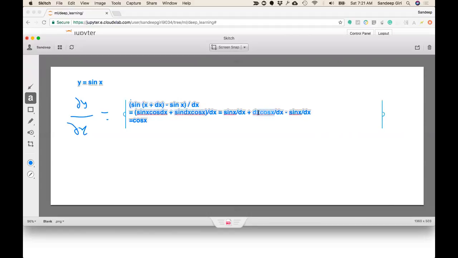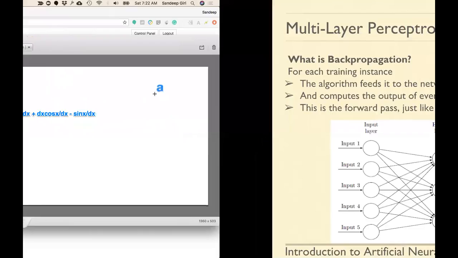We can ignore the higher delta x parts, and sin x will be cancelled with the other part, and we'll be left with only cos x. Sine A plus B is this. So that's right.